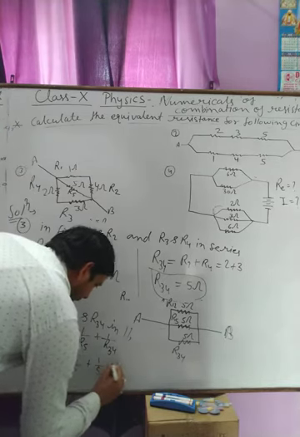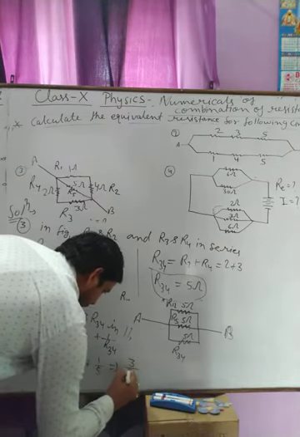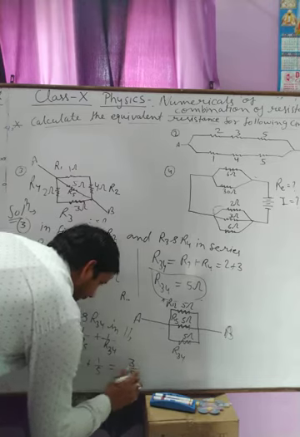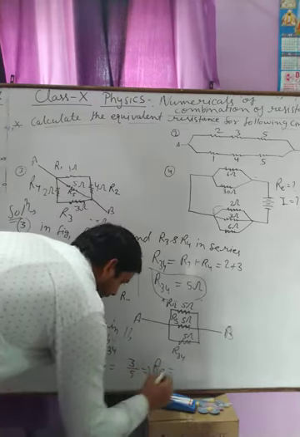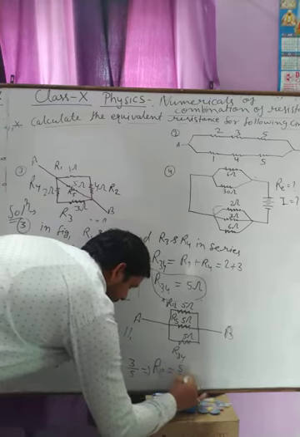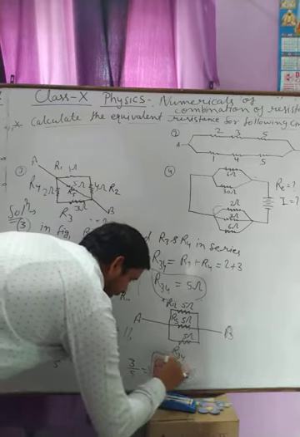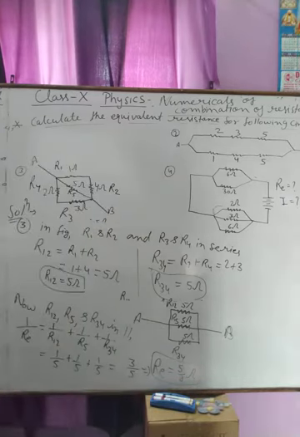On solving it, we get 3 upon 5. On taking reciprocal, R equivalent from A to B is 5 by 3 ohm. This is the solution number 3. Copy this.